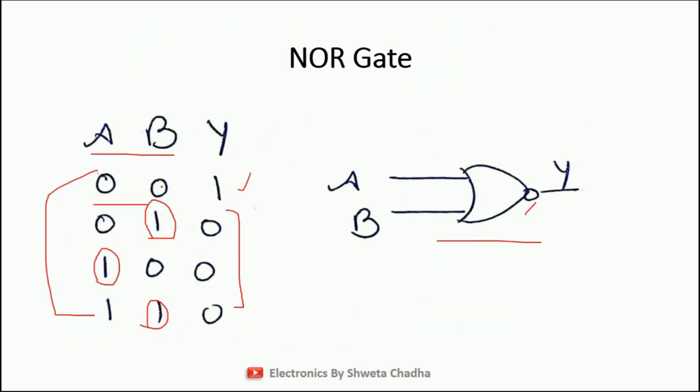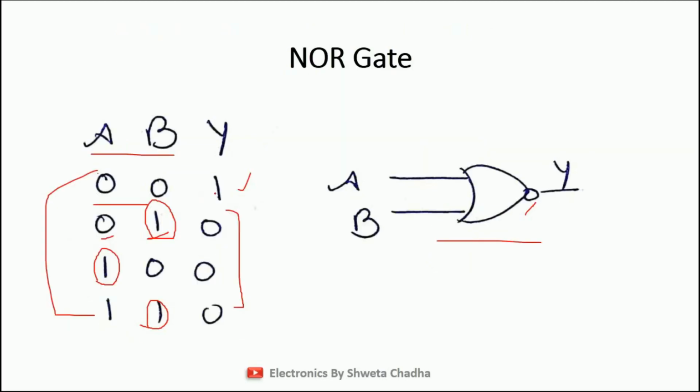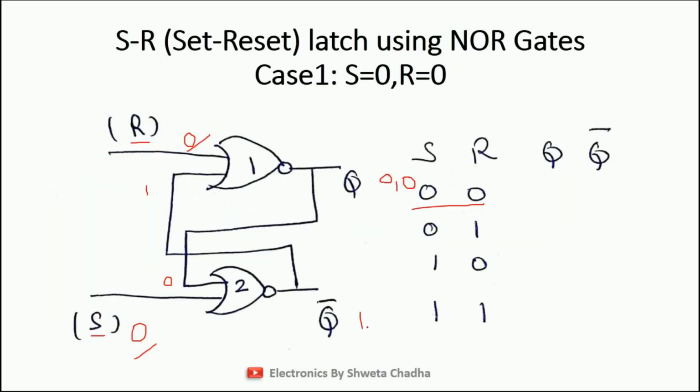Just see the truth table: 0 and 1, the output is 0. On the other hand, when both the inputs are 0, 0, the output is 1. So when I have assumed 0, 1, I am getting 0, 1.